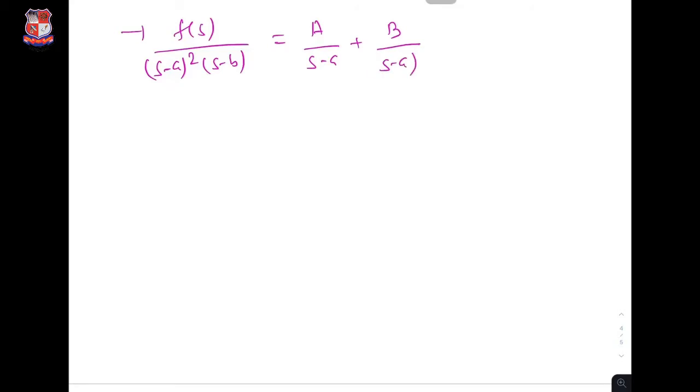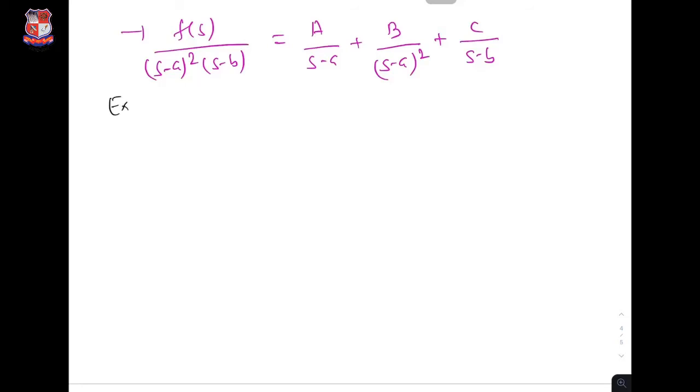Now the next method for partial fractions that we know is, suppose you have F(s) with (s − a)² like this, then we write it in this way: A over (s − a) plus B over (s − a)², say, plus C over (s − b). This is the way we can make the partial fraction.